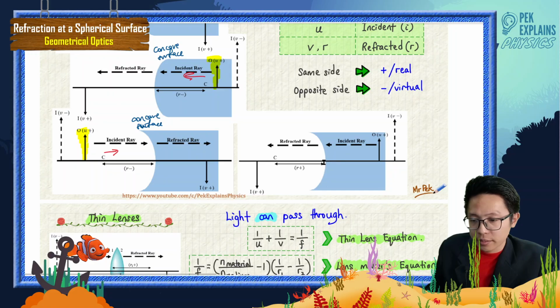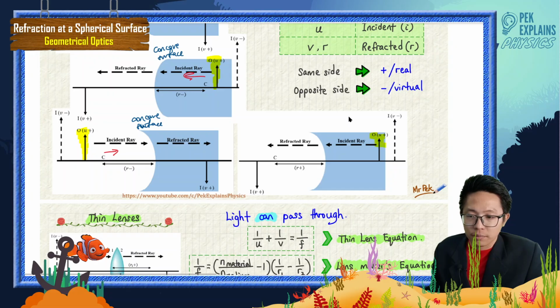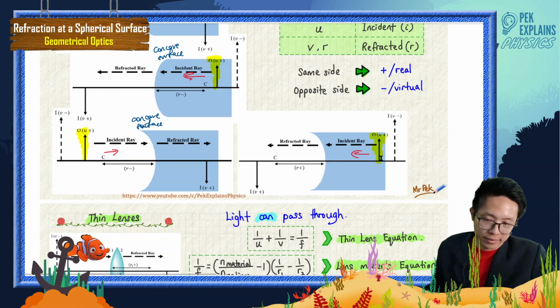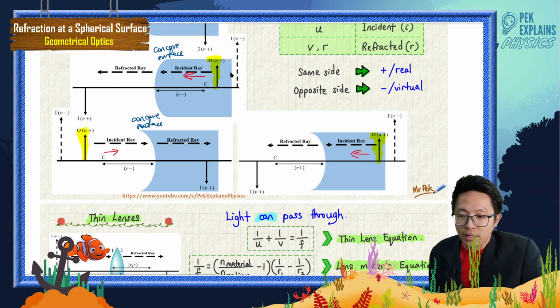This surface for this object is convex because the object is over here, looking at this surface, so this surface seems fat to this object. It curves towards the object. So this one is a convex surface.